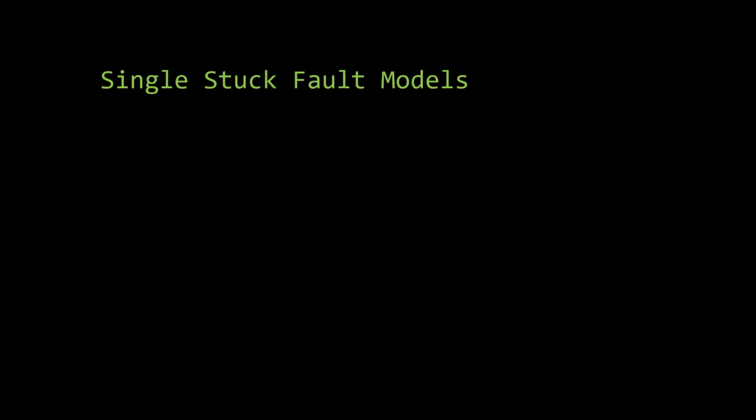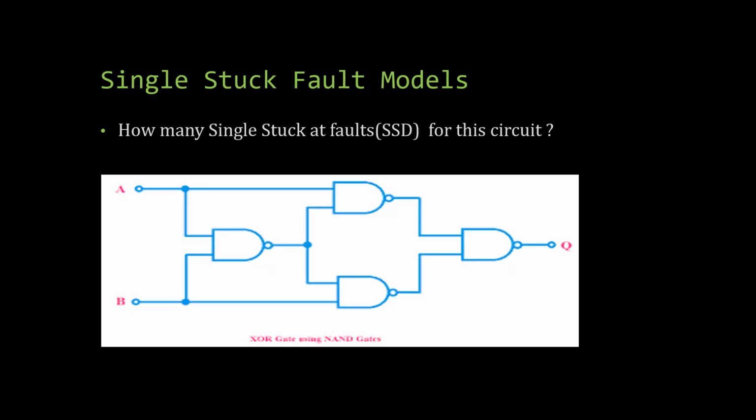Now let's work on an example of single stuck fault models. Consider this circuit and you are asked to find how many single stuck faults it has. We have studied from the previous slide that for K lines, you'll have 2K single stuck faults. So what will be the value of K? Let's count on the fan-out: 1, 2, 3, 4, 5, 6.